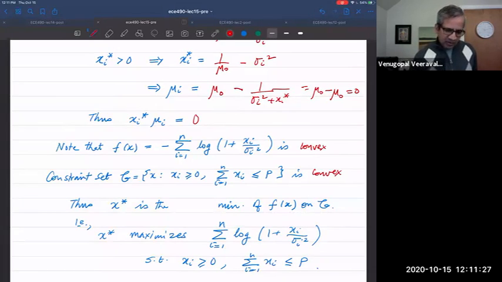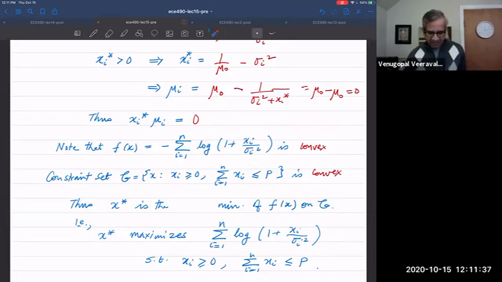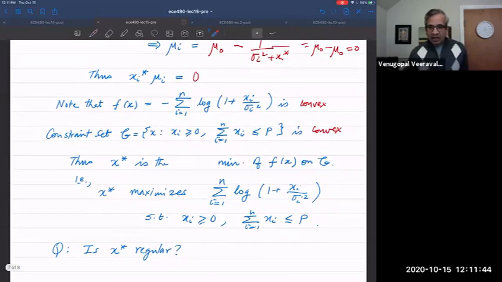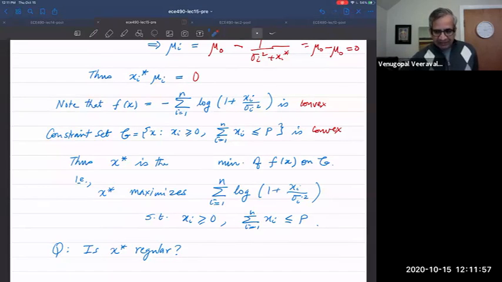This is like what's called a probability simplex constraint, except that in a probability simplex you have one here. Here you have it with equality, but anyway, it's a convex set. So X star is a local minimum for a convex function over a convex set, so it must be the global minimum.